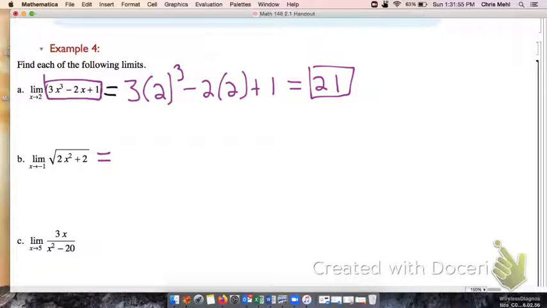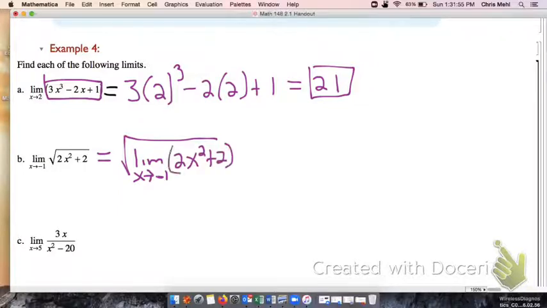Part B, the limit of a radical is the square root of the limit. Now, you don't actually have to do this. You could have just plugged -1 in again, but I'm going to show you the process.